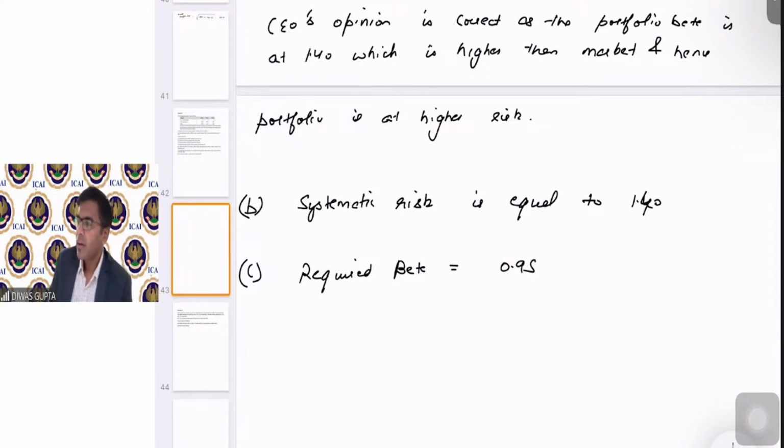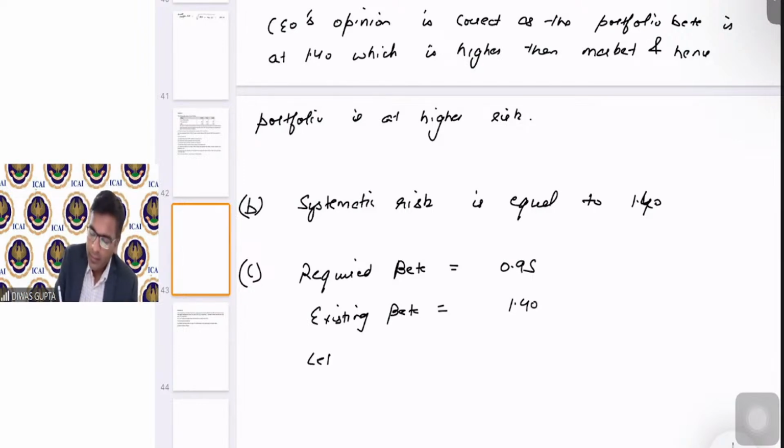And existing beta is 1.40, right? So let the investment percentage in risk-free securities be P.